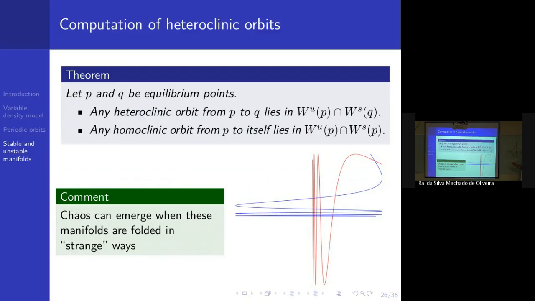Because these are all the points that go to the equilibrium point when time goes to minus infinity, and these are all the trajectories that go to the equilibrium point when time goes to plus infinity. So in the intersection, we find those kinds of orbits. And the same with the homoclinic orbits. They are in the intersection of the unstable manifold and the stable manifold of the same equilibrium point.